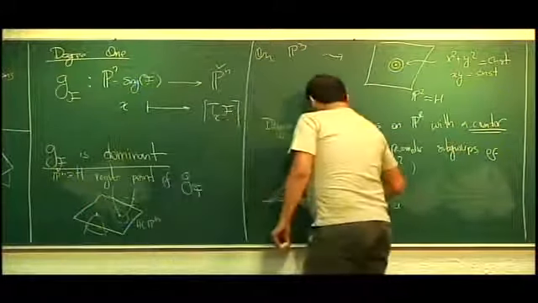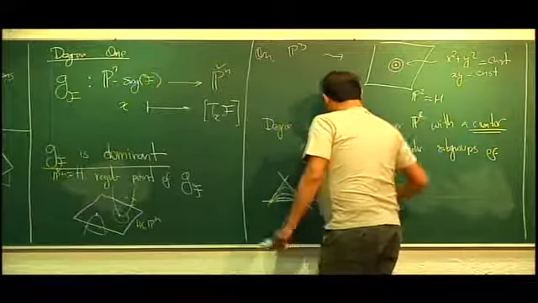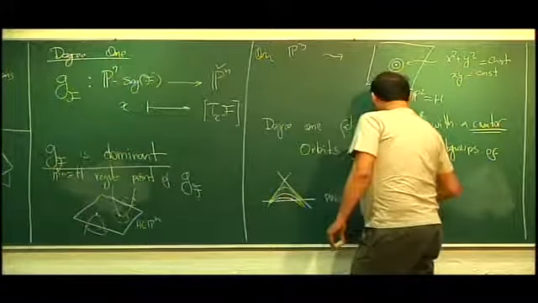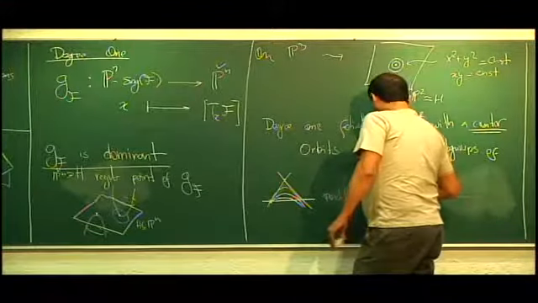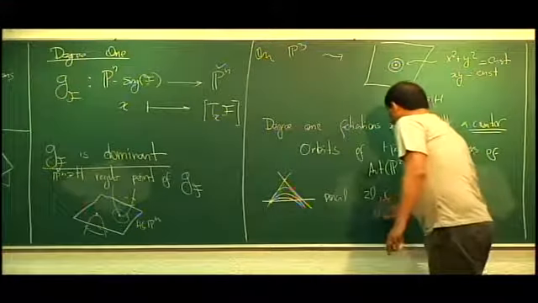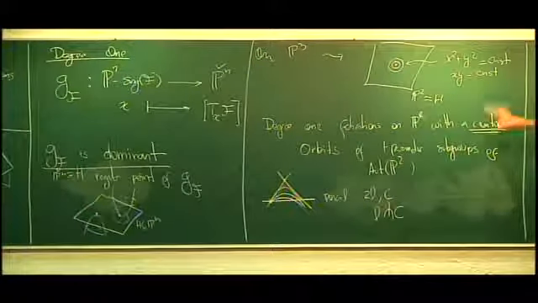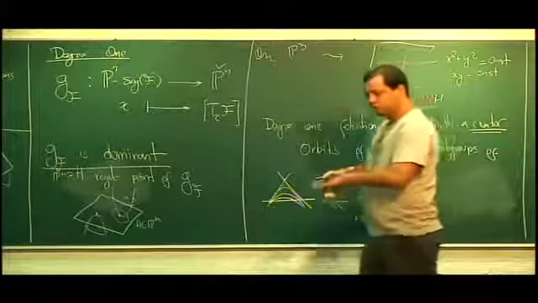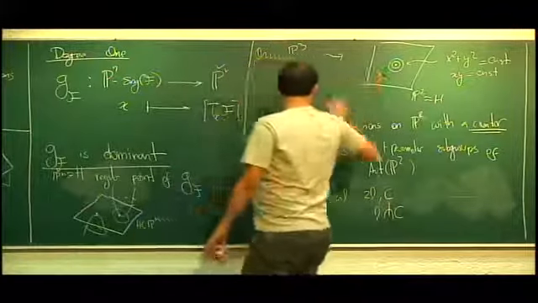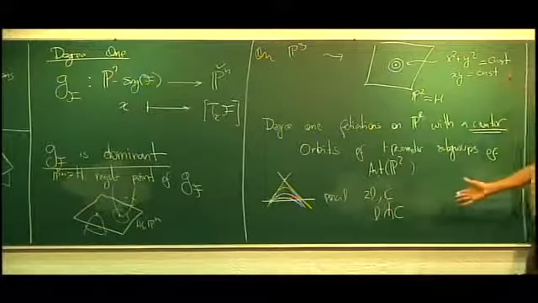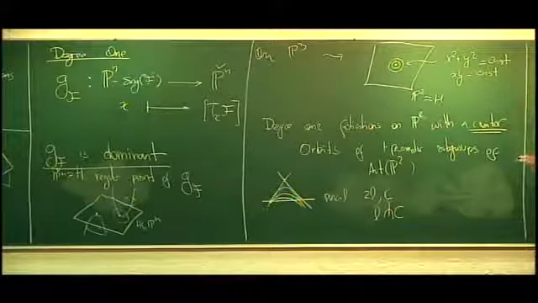A pencil of 2 times a line and a conic intersecting transversally. And from this information, it's not hard to show that the same picture happens in P3 or Pn.